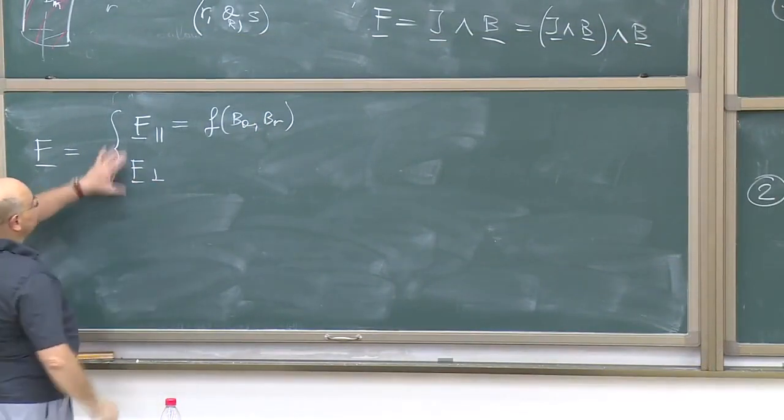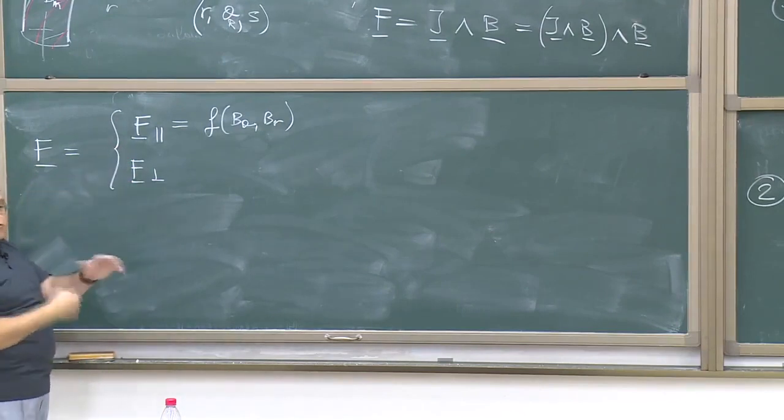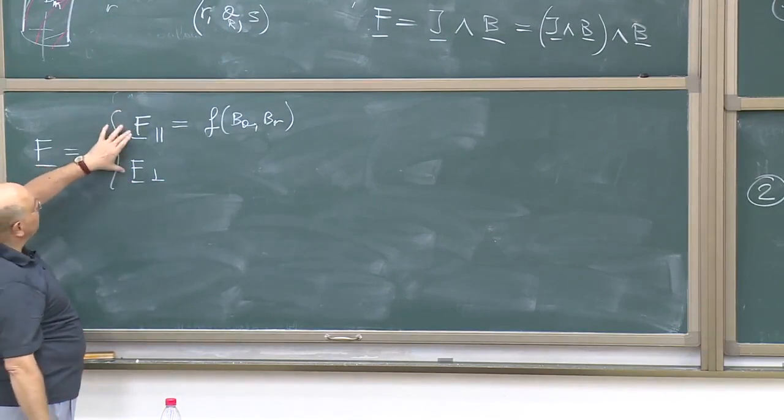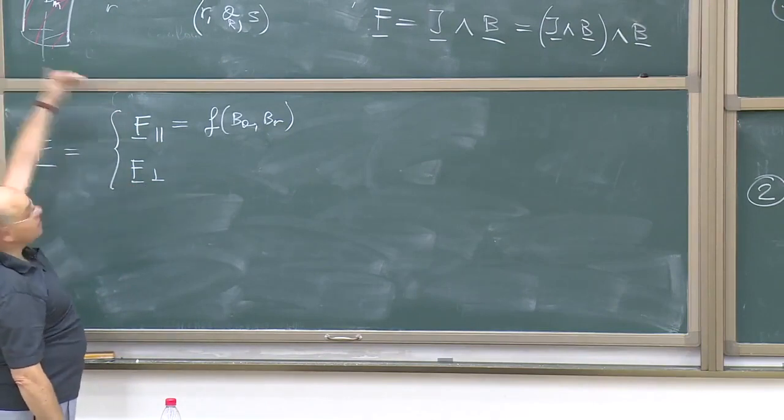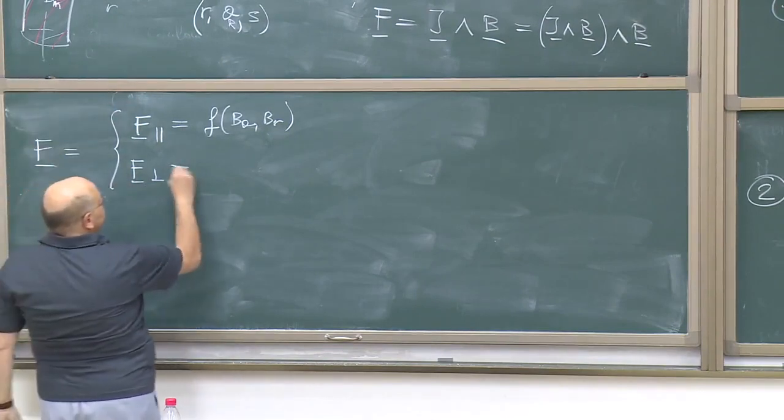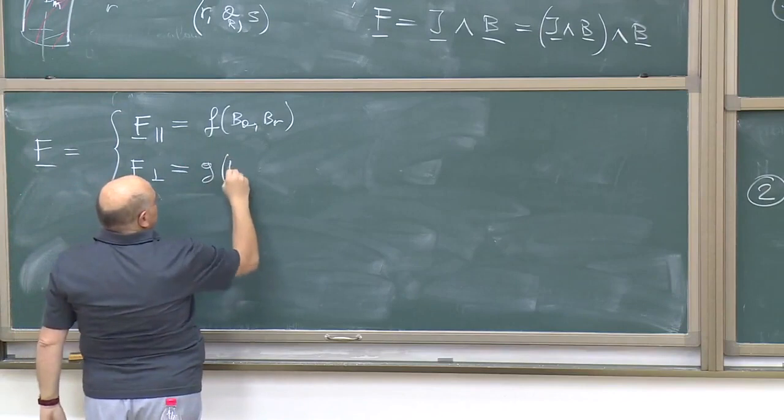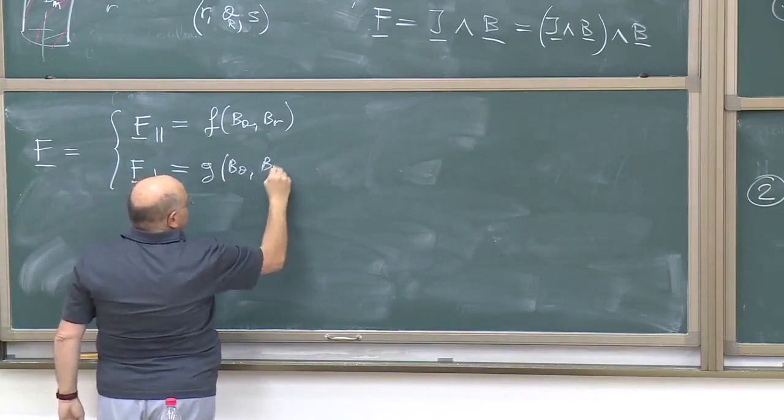These are two vectors. I can choose to rearrange F and the components in this fashion, and this perpendicular term will be a function of B theta and BR.